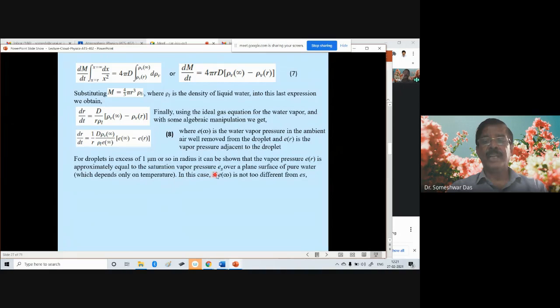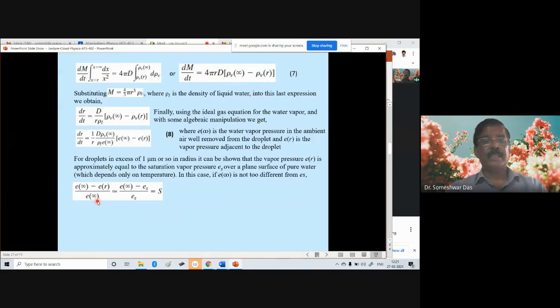So in this case, if e infinity is not too different from es, we can write (e infinity minus er) divided by e infinity is approximately equal to (e infinity minus es) divided by es, where it is replaced by the saturation vapor pressure.